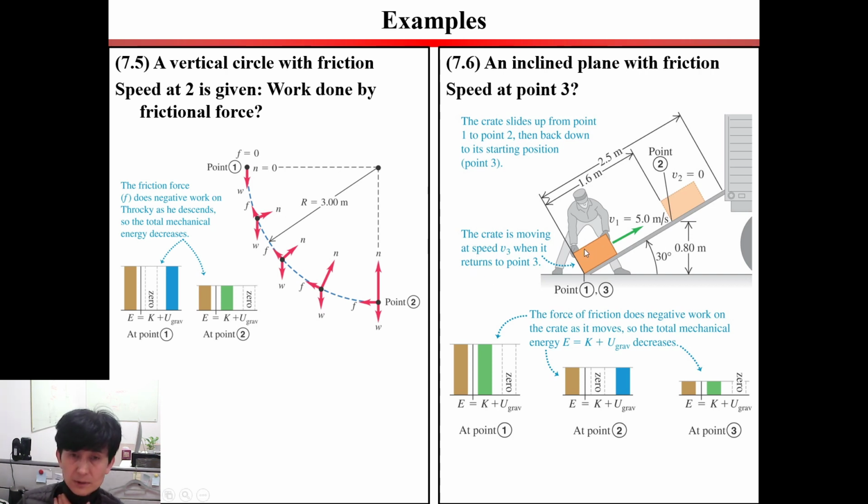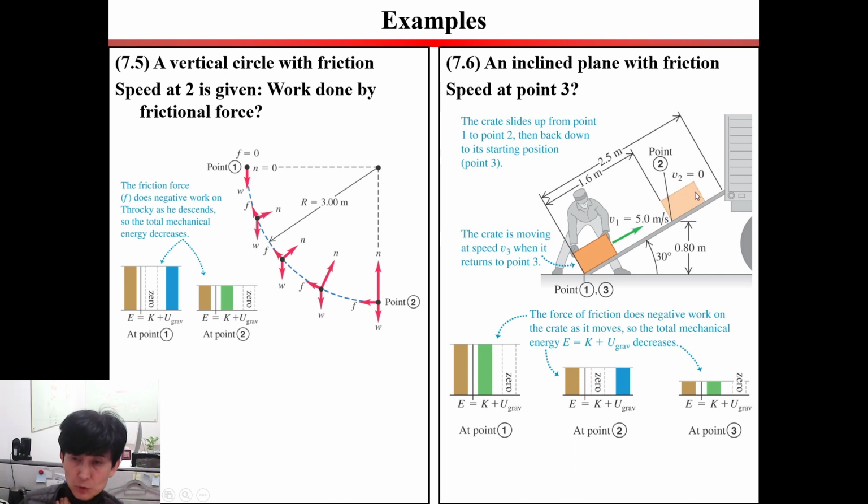The same is true if we throw an object with a slide with frictional force. If there is no frictional force, it will return back to its original position with the same speed.